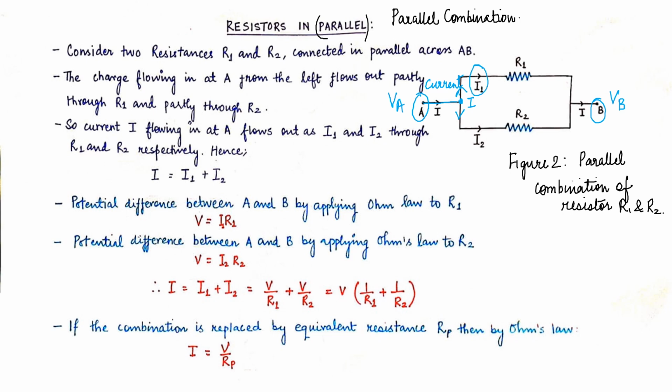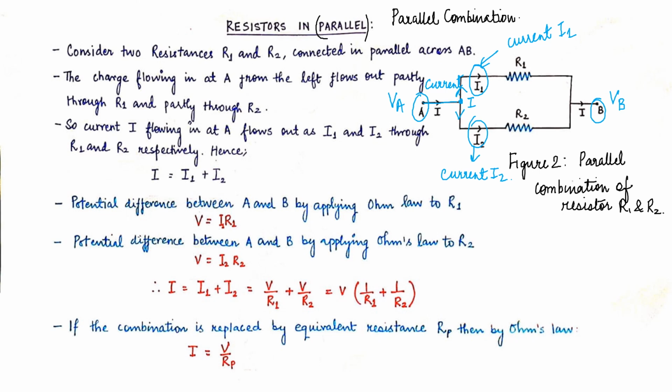Over here we will get current I1. Here we will get another amount of current, that is I2. Why so? Because it is not ideally possible at a junction for the number of charges flowing per unit time to be equal.